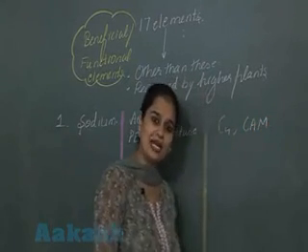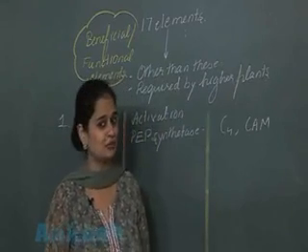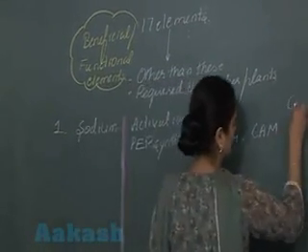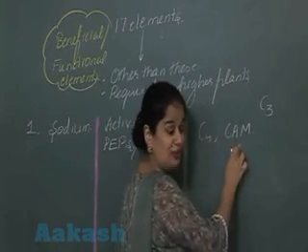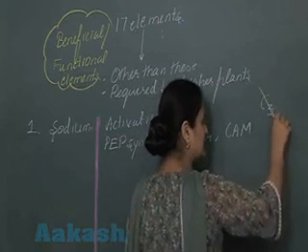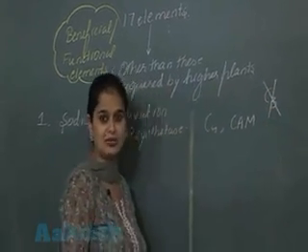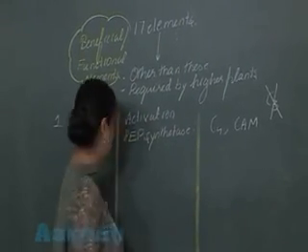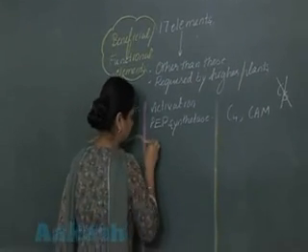Here I would like to add one point: on the basis of photosynthetic activity, three types of plants can be distinguished, that is C3, C4 and CAM plants. The majority of plants are C3 plants, and C3 plants do not require this element. This element is required only for C4 and CAM plants. Right?